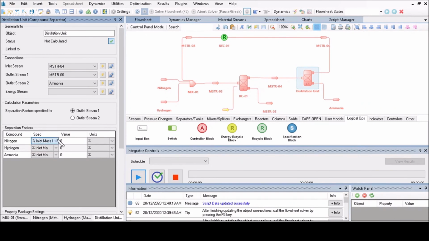So we set the value for molar flow, and this is since in DWSIM we don't have a value for kilomole per hour. What's closest is the moles per second.